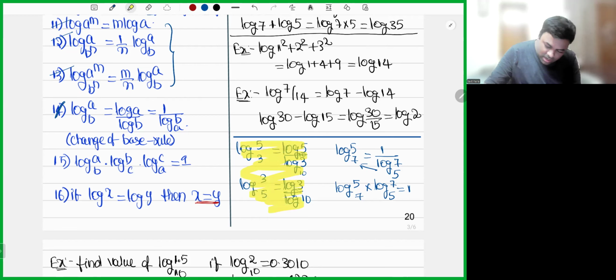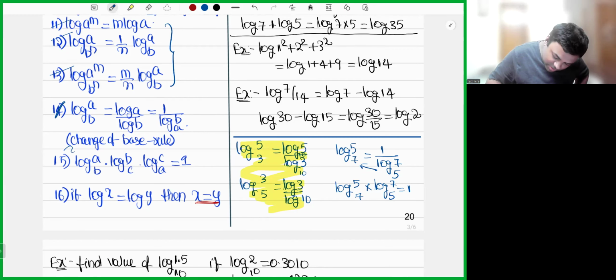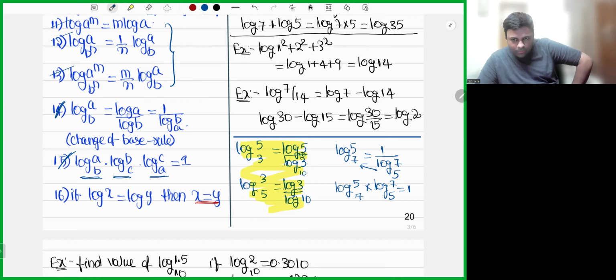Log 5 to the base 3 and log 3 to the base 5 will get cancelled and you'll be left with 1. In the same parallel, log a base b, log b base c, log c base a will be equal to 1. All those things will get cancelled and will be equal to 1.